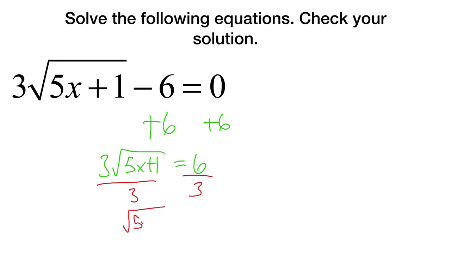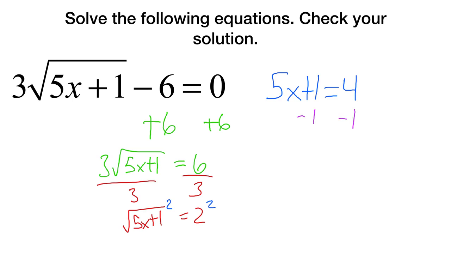The square root of 5x plus 1 equals 2. Then we're going to square both sides. 5x plus 1 is 4. Subtract 1. 5x equals 3. Finally, divide by 5. x equals 3 fifths.